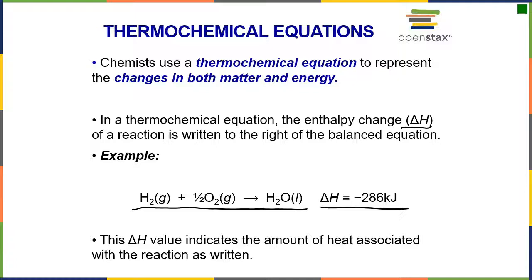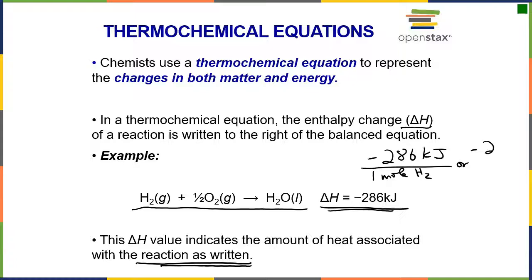Now note, this change in heat is associated with the reaction as written, meaning that we're going to have minus 286 kilojoules of heat produced for every 1 mole of hydrogen, or minus 286 kilojoules of heat produced for every 1/2 mole of oxygen that is used up. So it's for the reaction as written.